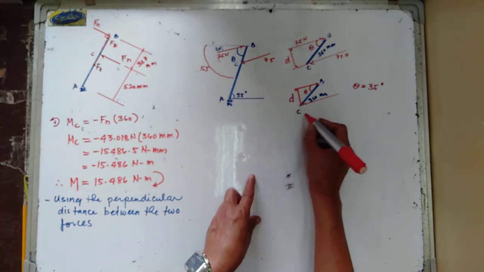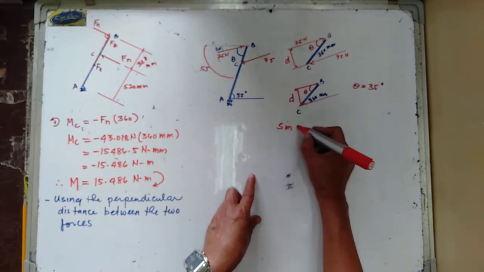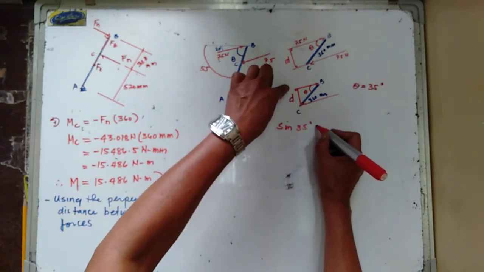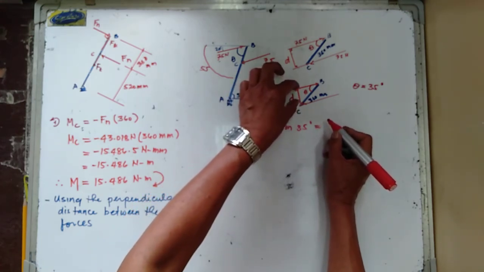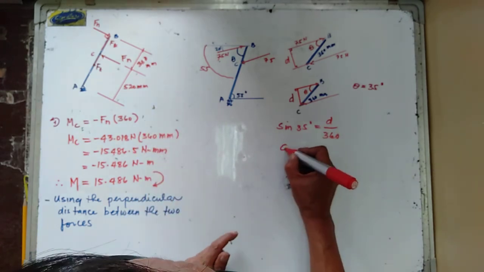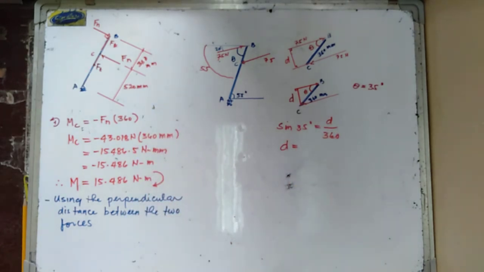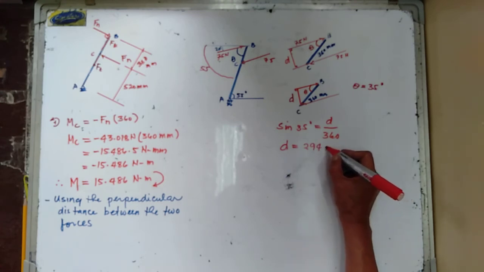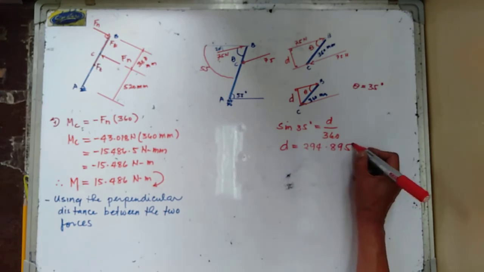So if you are going to get sine of theta, which is equal to 35 degrees, is now equal to the opposite, which is d, over the hypotenuse, 360. So the perpendicular distance between the lines of action of the two forces composing the couple is equal to 294.895 millimeter.